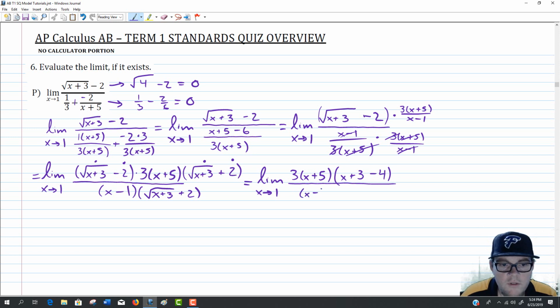So in looking here, of course, our goal through this whole thing was to eventually get rid of whatever factor it was that was causing the 0 over 0, that indeterminate form that we didn't want, and I can finally see it. X plus 3 minus 4 is the same thing as x minus 1, and that means that these two guys are going to divide away.